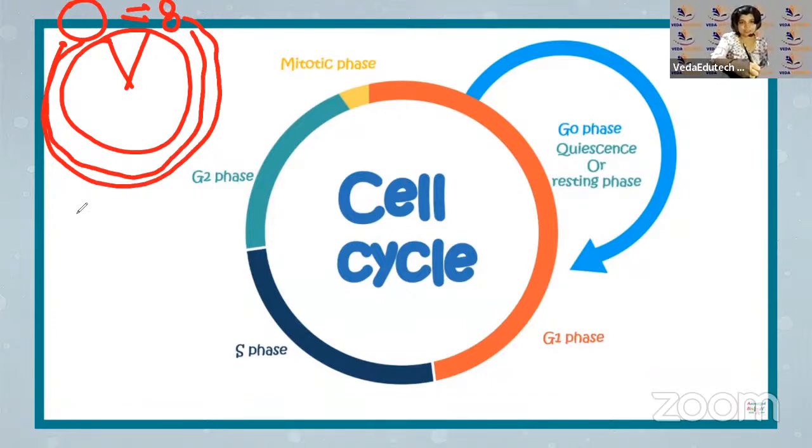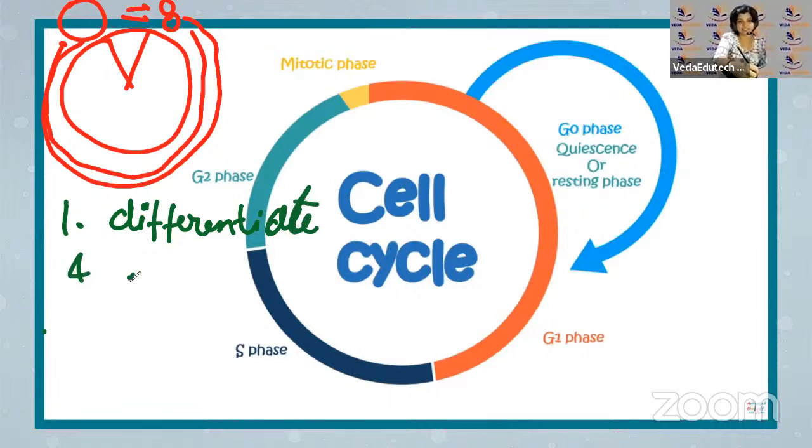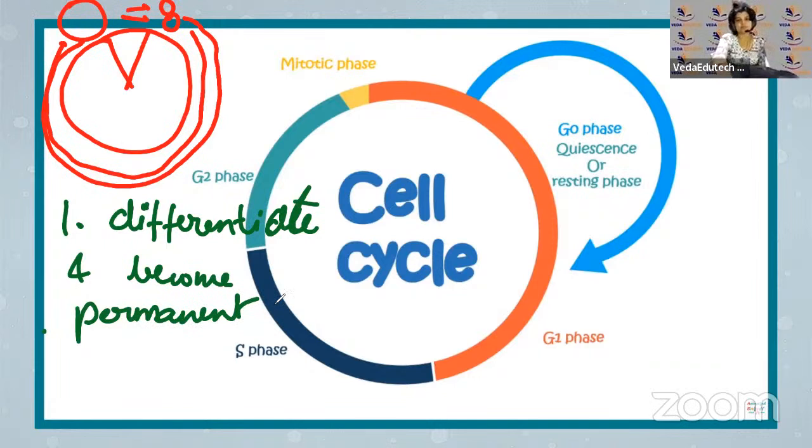Option number one is to differentiate and become a permanent cell. So it can become a neuron. It can become a skin cell, epidermal cell. It can become a muscular cell. It can become a permanent cell.